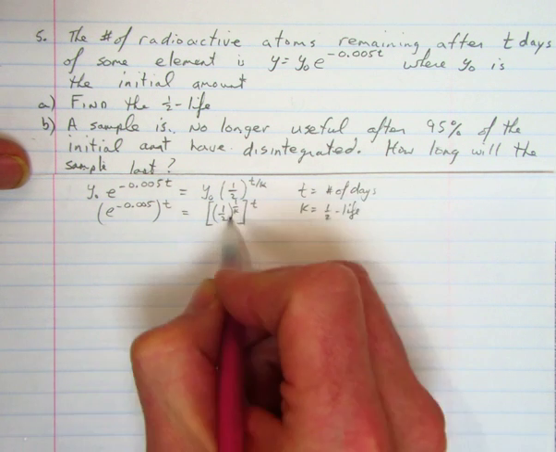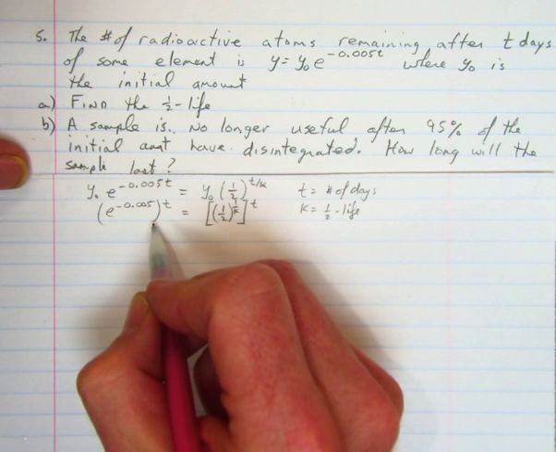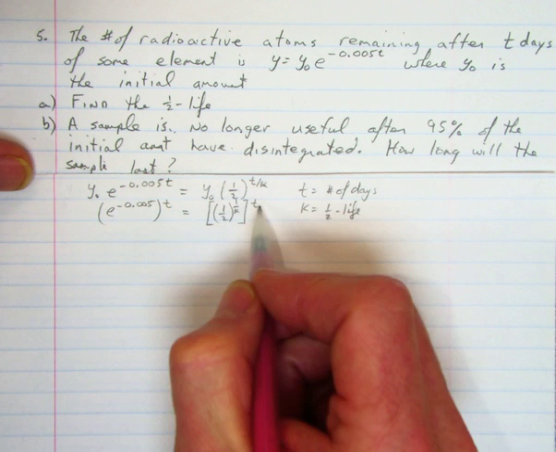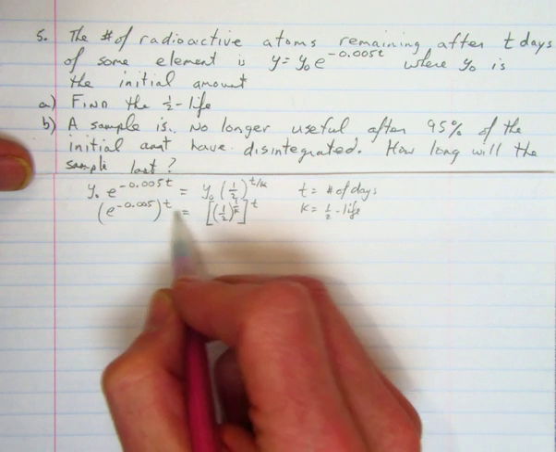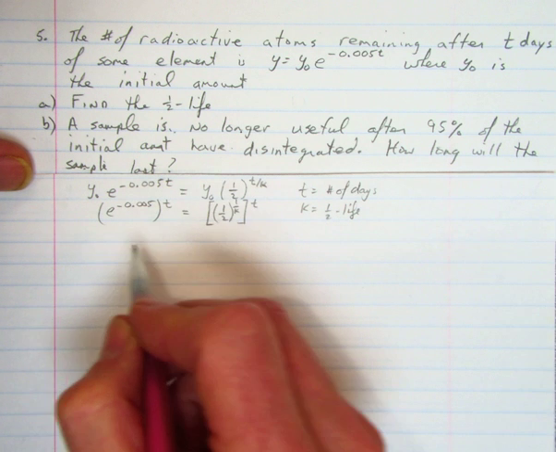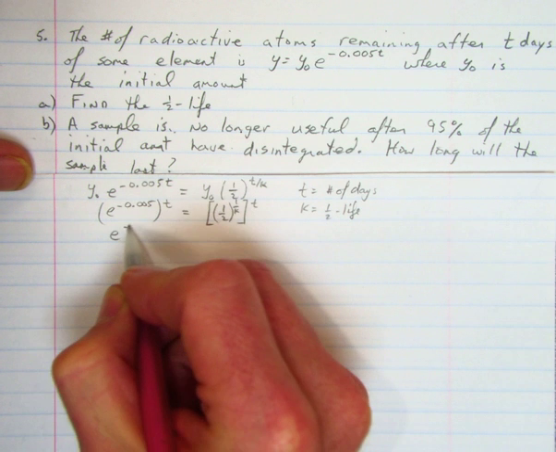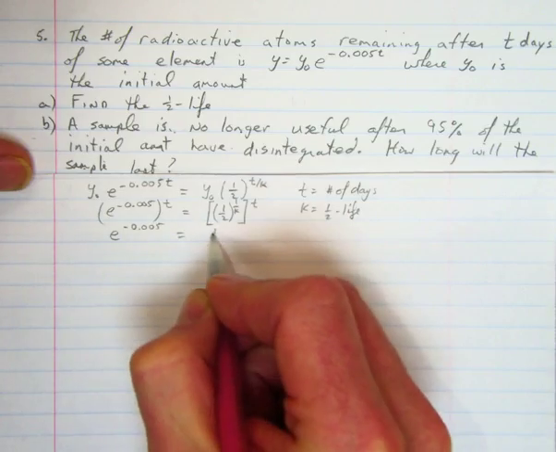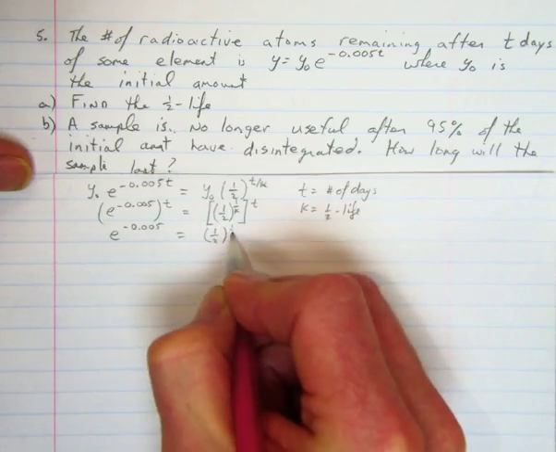We had something very similar when we were solving for e to the k. Since we have both exponential forms to the power of t, that means these bases, the inside parts, have to be the same. So we have e to the negative 0.005 equals 1/2 to the 1 over k.